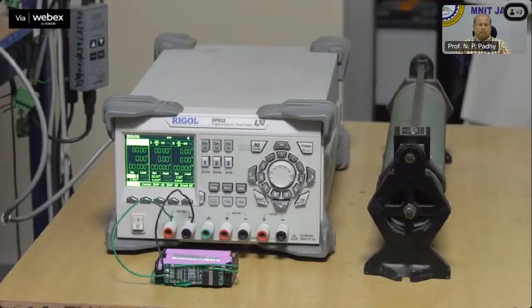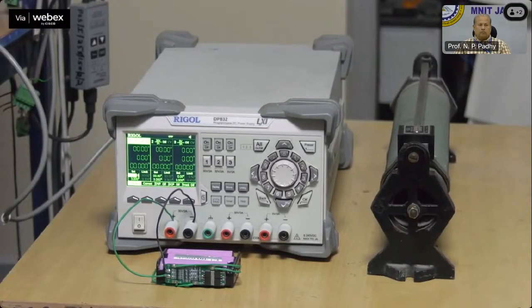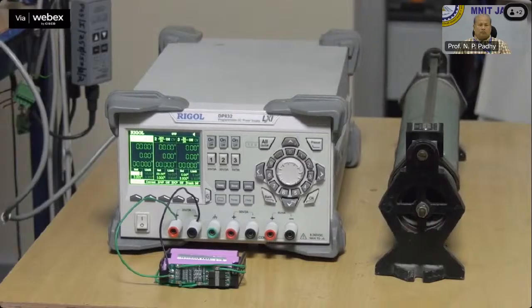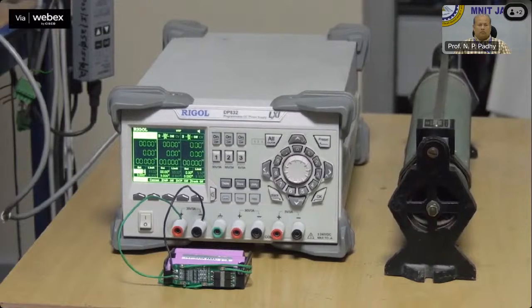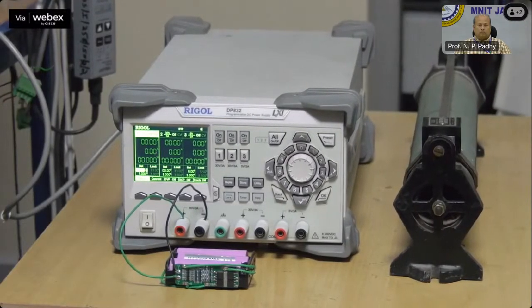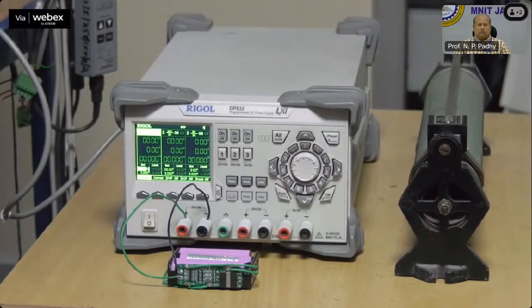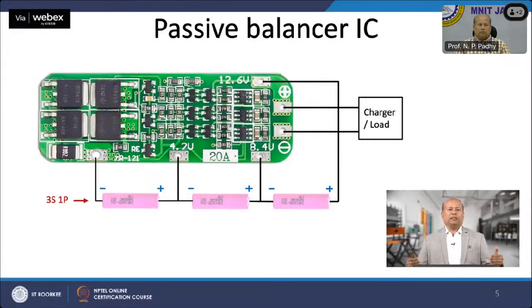Let us get into the component specifications and their importance in this experiment. 3 18650 lithium ion cells of 3000 milliampere hour capacity with a nominal voltage of 3.7 volt each are used in this experimentation. The lithium ion cells are connected in series combination to make up 11.1 volt.